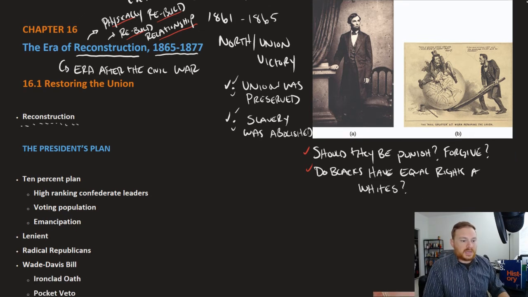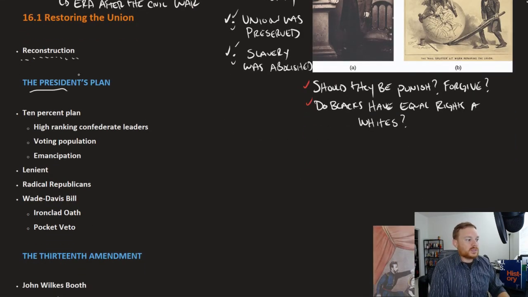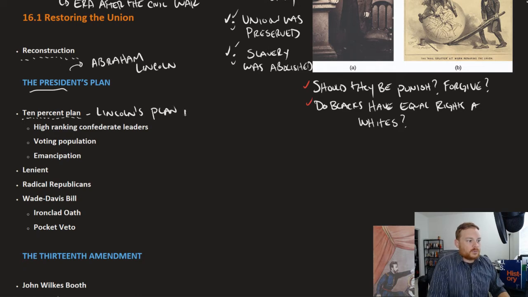So the first plan to do this comes from the president. The president at the time, of course, is Abraham Lincoln. And Abraham Lincoln puts forward the 10% plan. This is Lincoln's plan for Reconstruction.